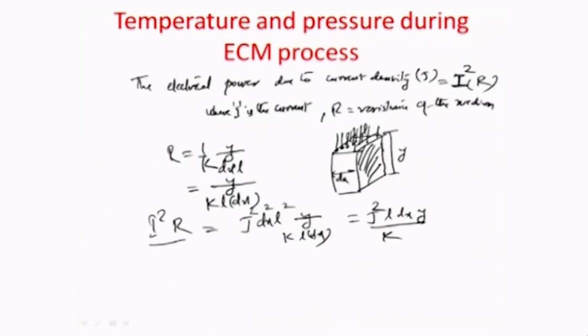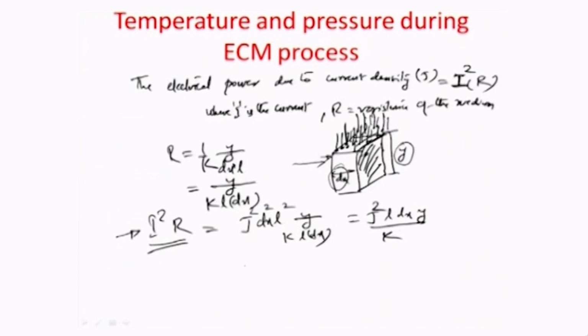So, that is the total amount of electrical power that is transmitted to this element here of thickness dx in the equilibrium gap y with length L into the plane of the paper here, signifying it is a 3-dimensional volume. So, the total amount of heat that is transmitted to this flowing electrolyte in this direction is really the total amount of heat that is transferred between this phase and this phase, meaning that there is a rise in the temperature because of the electrical power which is added to the system.